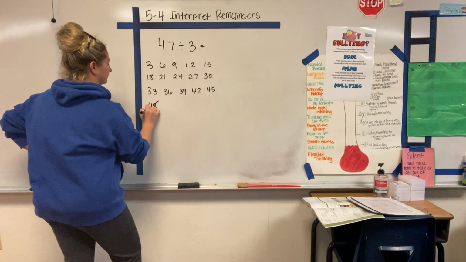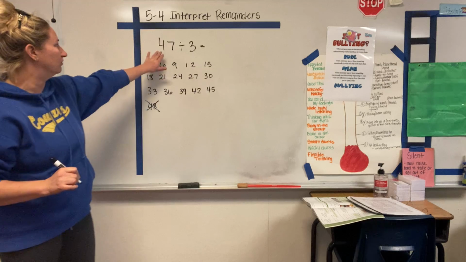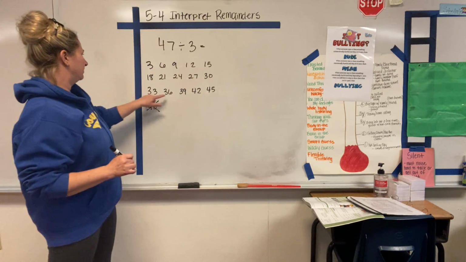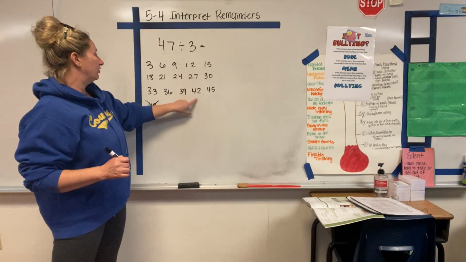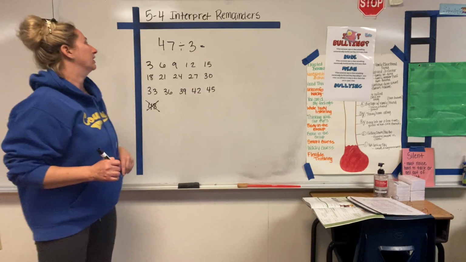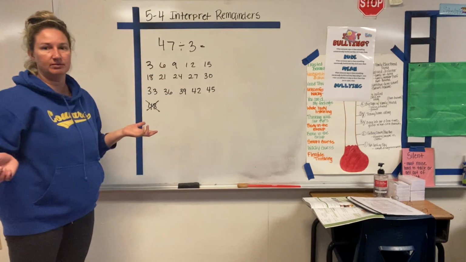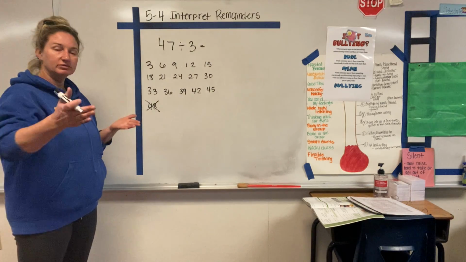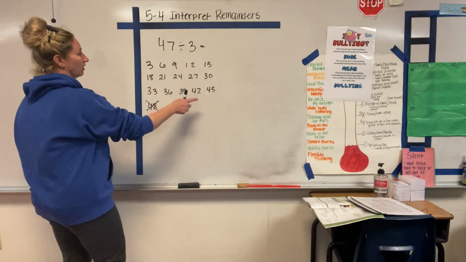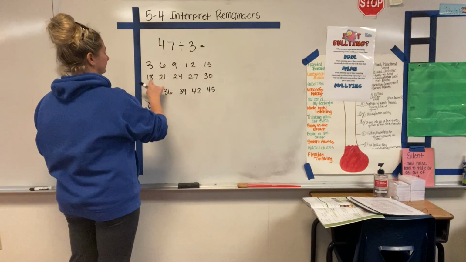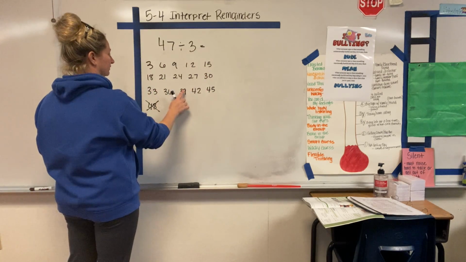Okay, that's too many, so I'm not going to use that. 48 is over 47. Okay, so then I count how many times that was. How many multiples of 3s did I count? So just count them all. 1, 2, 3, 4, 5, 6, 7, 8, 9, 10, 11, 12, 13, 14, 15.